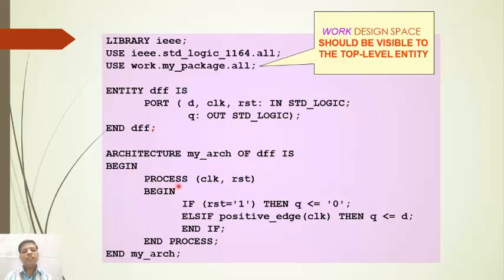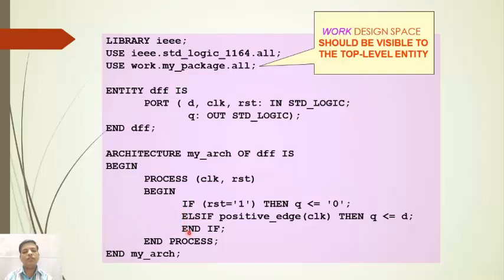Begin process (clock, reset); the process we have declared with clock, reset in brackets. Begin, if reset is equal to 1 then Q is equal to 0, else if positive edge clock then Q is equal to D. End if; end process; end my_arc.